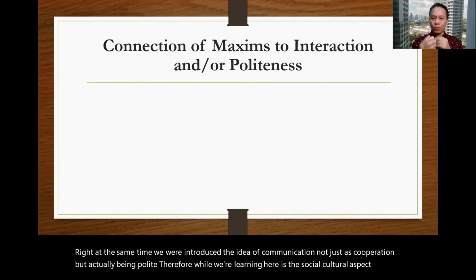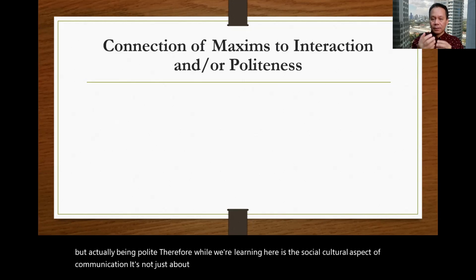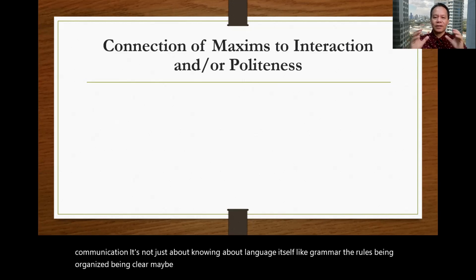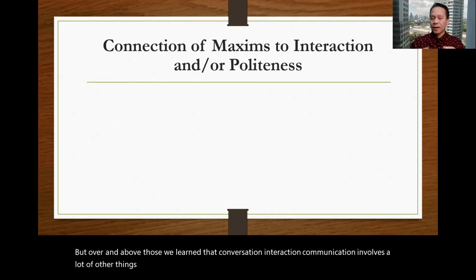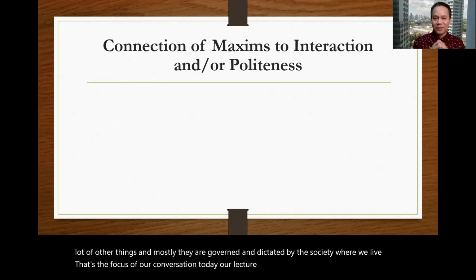It's not just about knowing about language itself, like grammar, the rules, being organized, being clear, maybe using oculistics and all other nonverbal considerations. Those are important. But over and above those, we learned that conversation, interaction, communication involves a lot of other things. And mostly they are governed and dictated by the society where we live. That's the focus of our lecture for today.